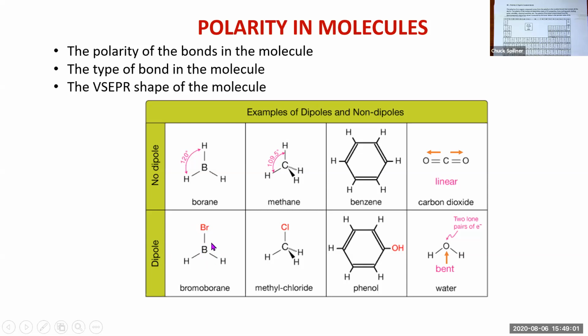We don't have symmetrical electronegativities now around the boron. The B-Br bond has a much greater polarity. I should say the polarity of the covalent bonds around the boron are not all the same. And the same goes for CH3Cl. We've distorted the electron distribution by adding a polar C-Cl bond here.